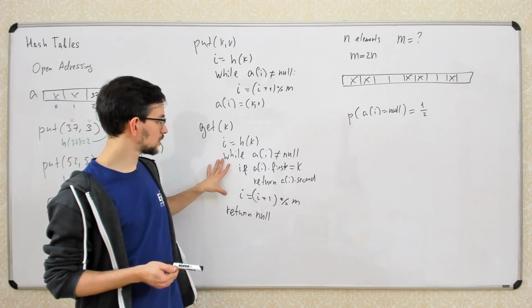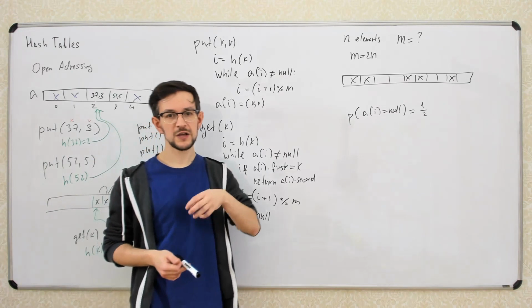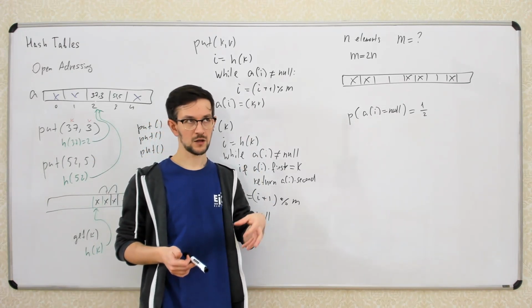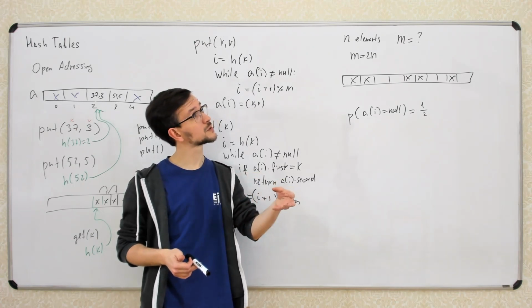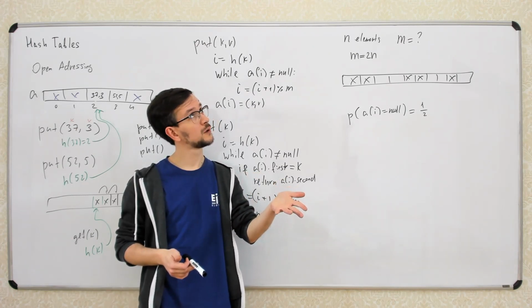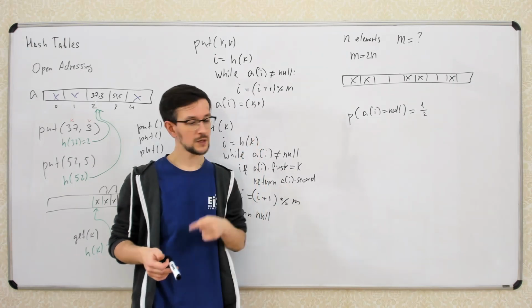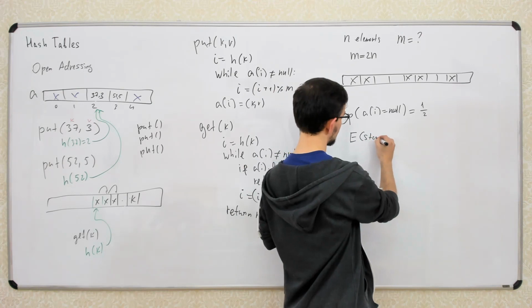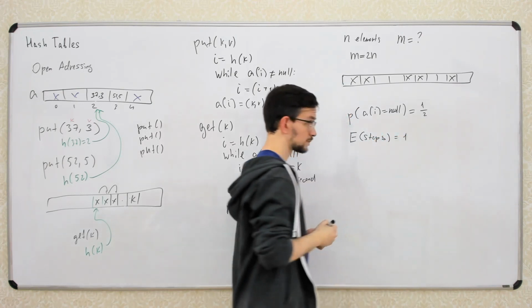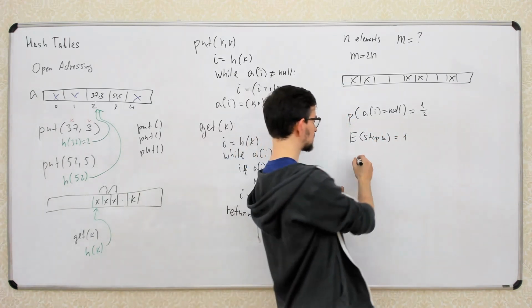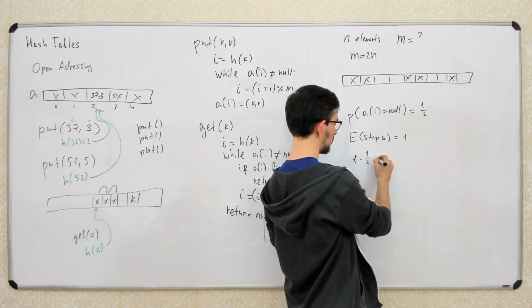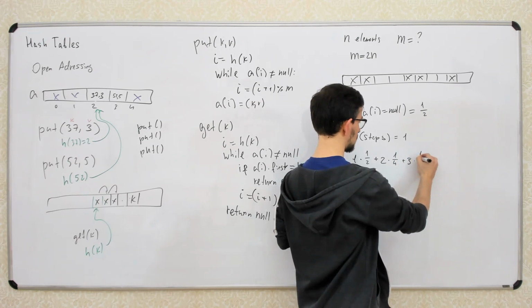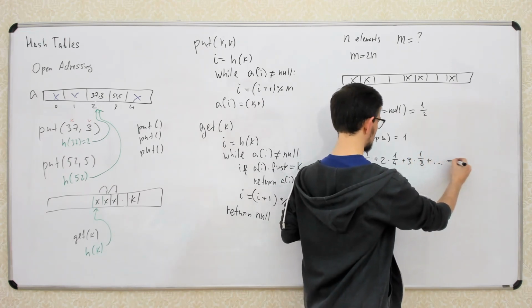If you make each next step with probability 1/2, then the expected number of steps will be 1 step of probability 1/2 plus 2 steps of probability 1/4 plus 3 steps of probability 1/8 and so on, equal to 1, right?